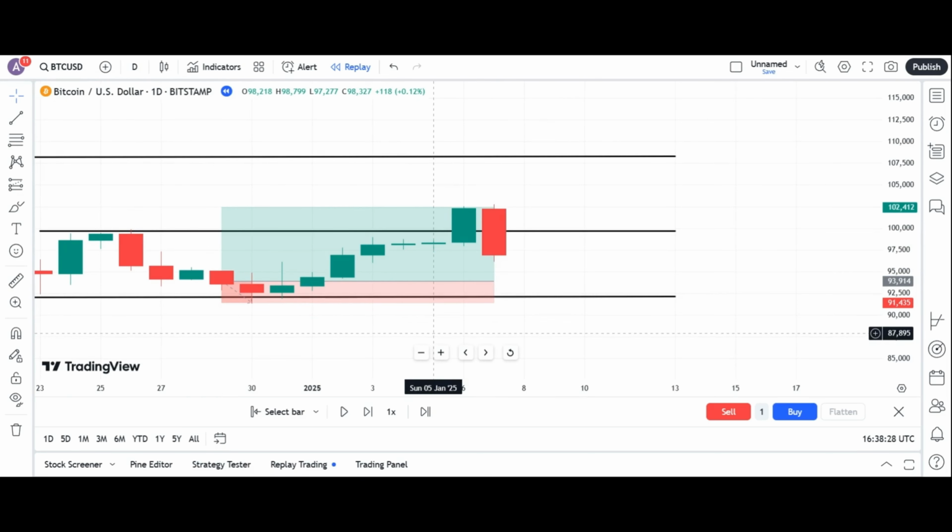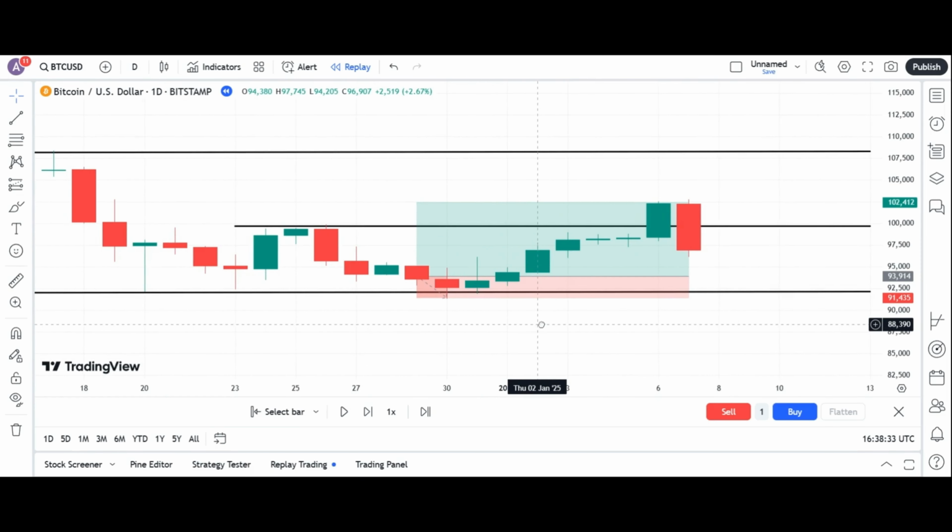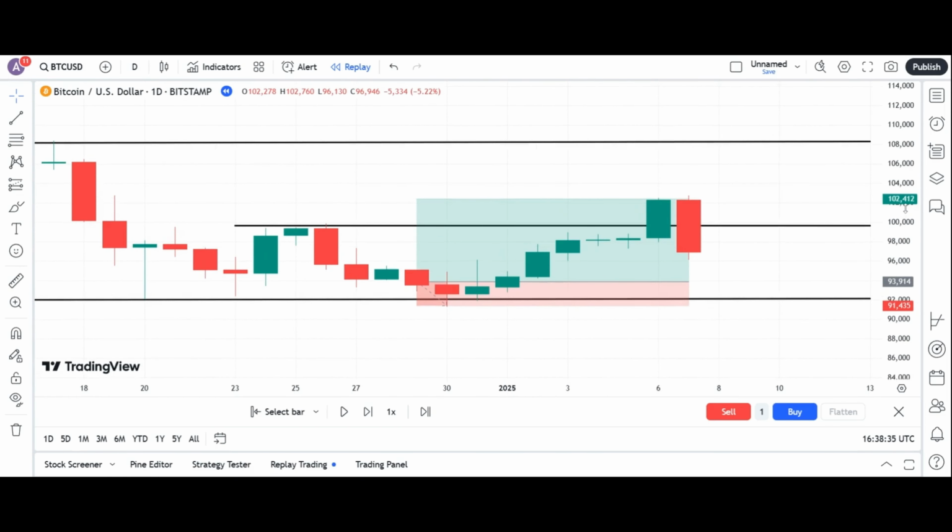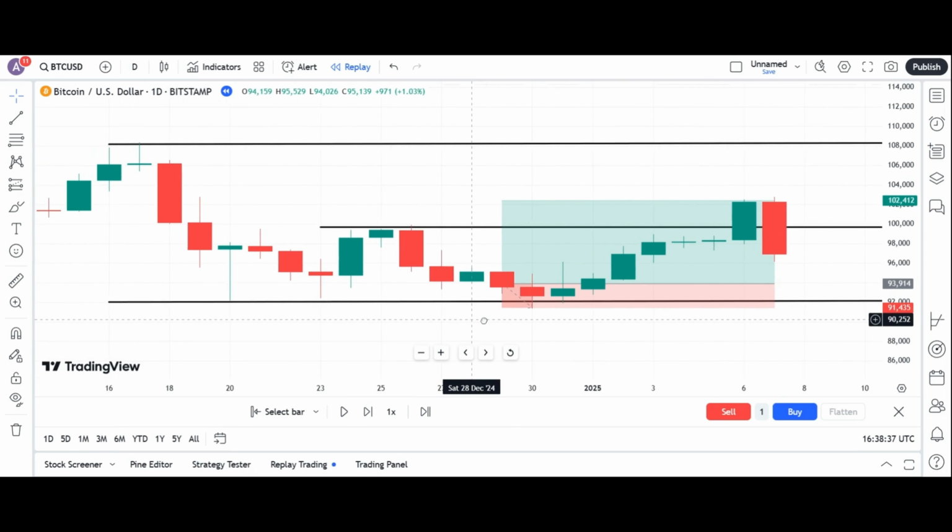So it shows and proves how strong a CRT can be. And let me review this one more time.